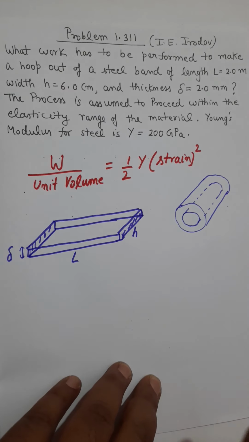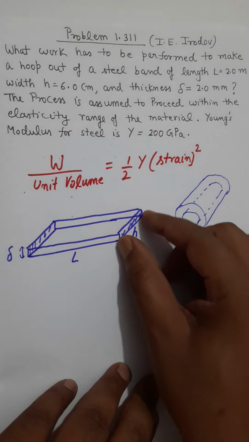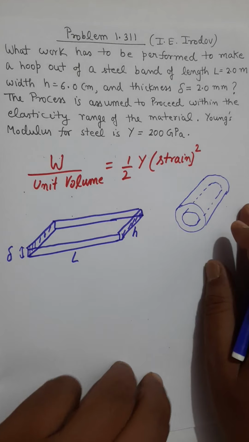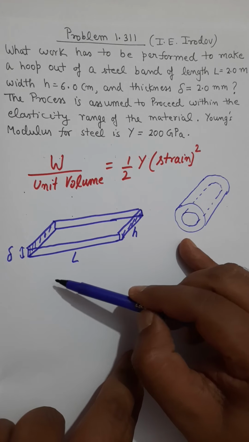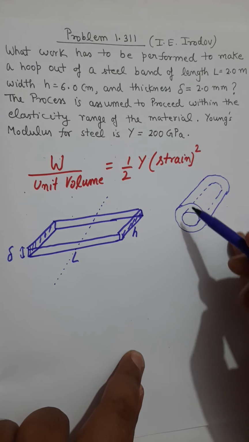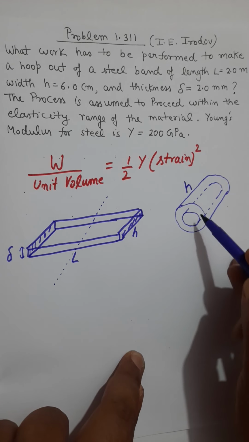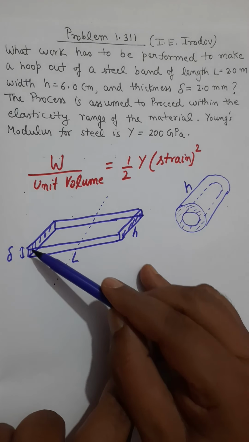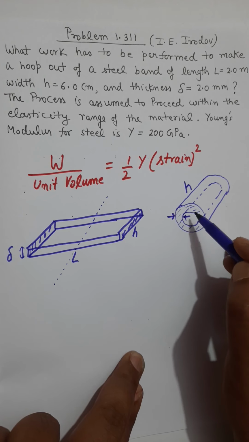The way we roll the carpet, the same way this material has been rolled into a hoop structure. Obviously, we are rolling it along this axis. So this length of the cylinder will be taken equal to H. The thickness of the hoop will be the same as delta. So this thickness is delta.